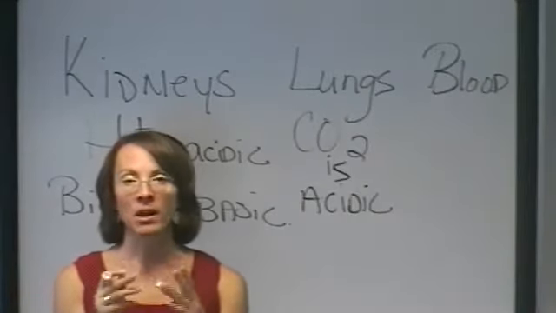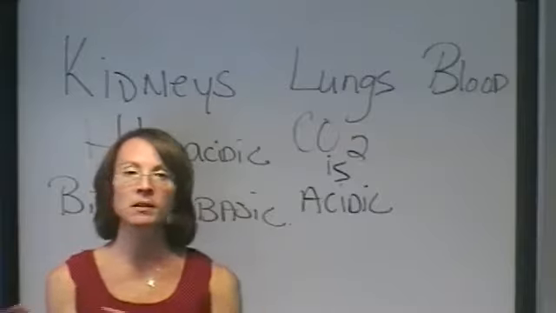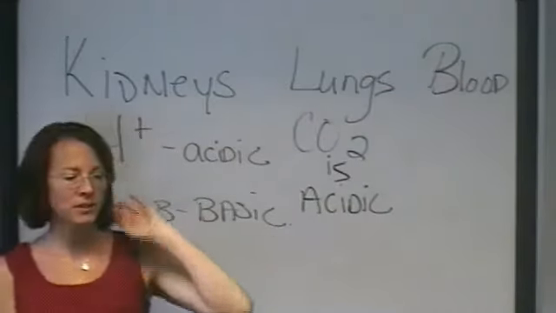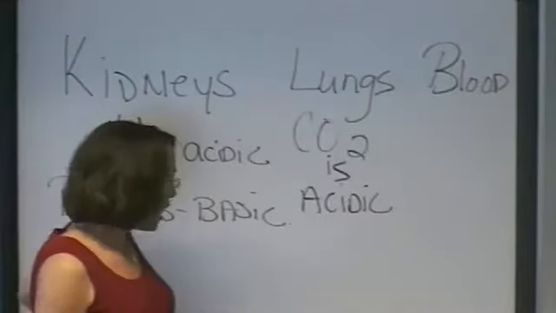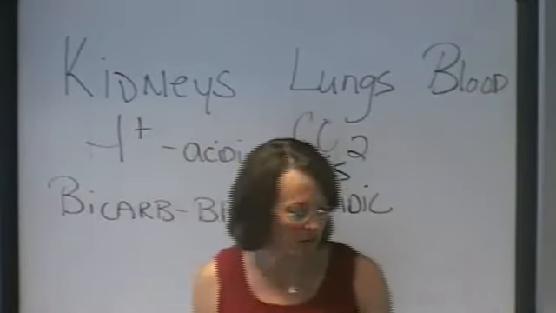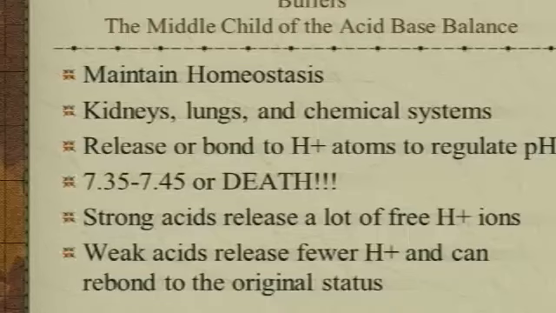What I would do is study it for 10 or 15 minutes, rewind the tape, and watch it again. So buffer systems: kidneys, lungs, and blood. I'm going to zoom you back in and talk about a few more things. Buffers help to maintain homeostasis, balance our system to keep it within the 7.35 to 7.45 pH range.